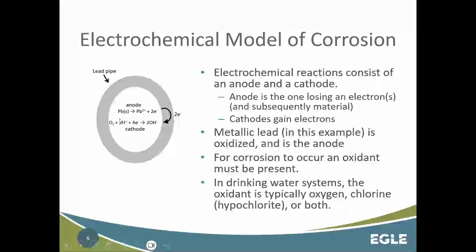If you remember that equation that we had on that previous slide, you're having that substance. In this case, it would be pure lead, Pb(s), solid. That solid lead component is the anode in this situation. The reaction is going to the right, like we talked about, to be a lesser state of lead. So it's no longer solid lead, it's now just a lead ion. And then you're having that electron being driven off. You're actually having two electrons being driven off.